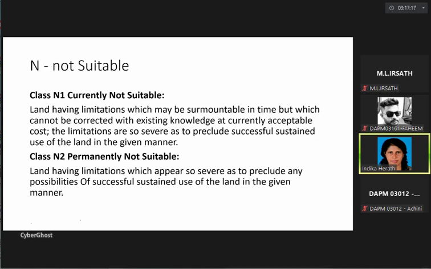Whereas someone can argue that we can cultivate it by bringing soil and filling the land.